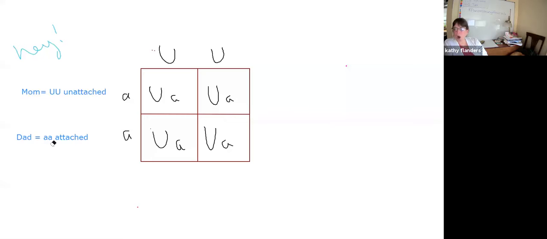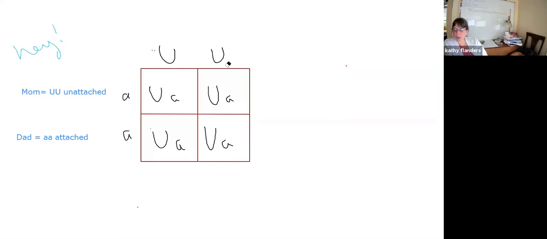That means in all of dad's sperm, all of those gametes he makes, the only allele he can give his offspring is this or this. The same with mom. If mom is homozygous for unattached earlobes, the only allele she can give is this or this in the egg. She can't give anything she doesn't have.